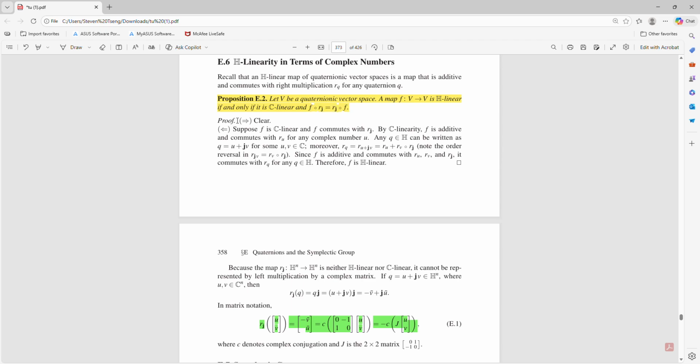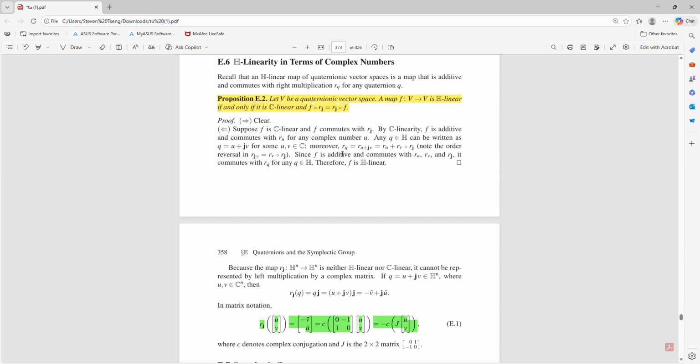This direction is clear, and for the other direction, first we suppose that F is a C linear map and F commutes with R_j, just like this equation. By C linearity, F is additive and commutes with R_mu for any complex number mu.